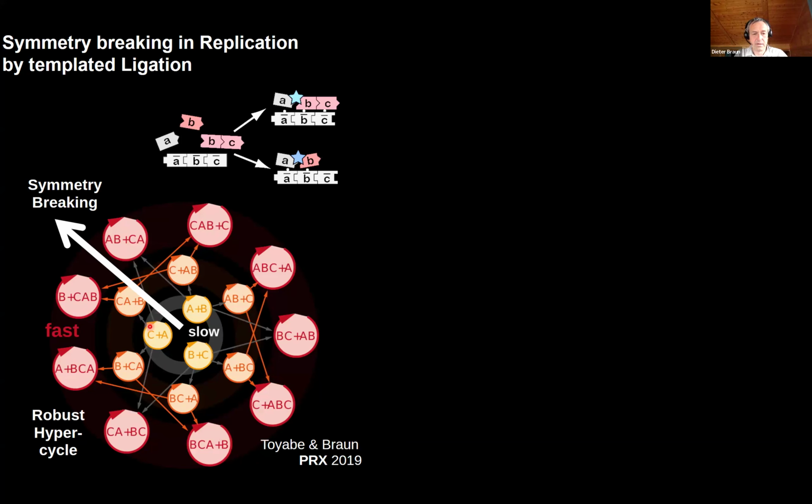The thing Toyabe was focusing on here, who is now a professor back in Japan after the postdoc with us, was the following idea. We don't go for full random sequences. Back then, we didn't have the sequencing capabilities, but we go for sequences A, B, C, and the complement.